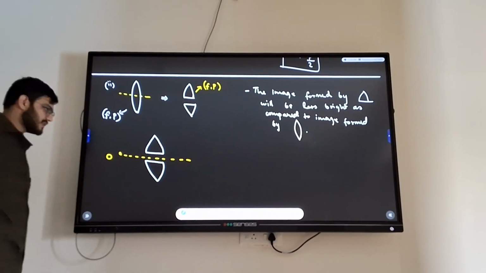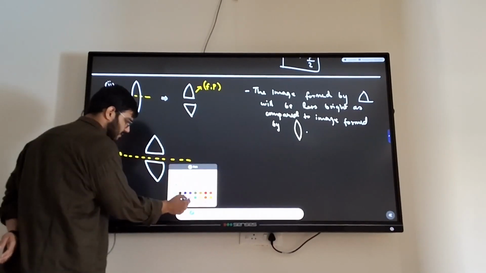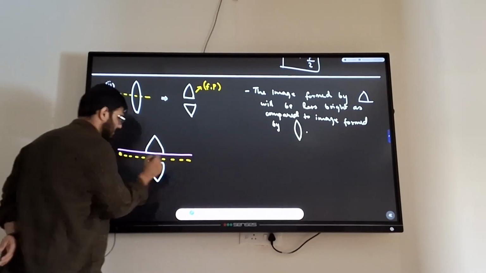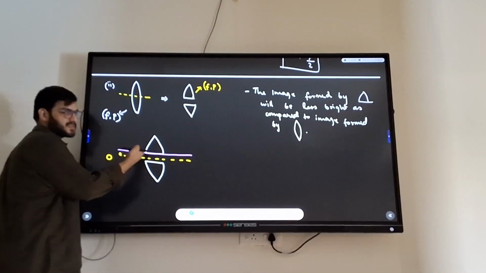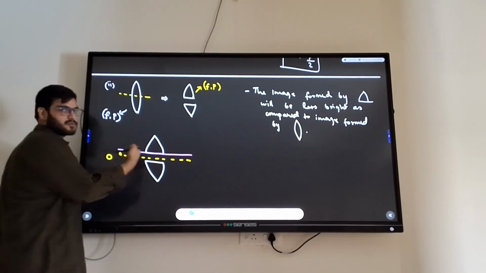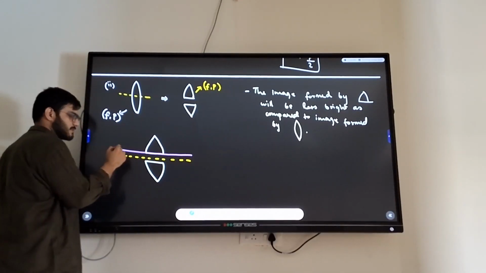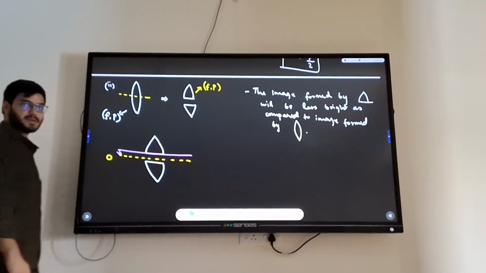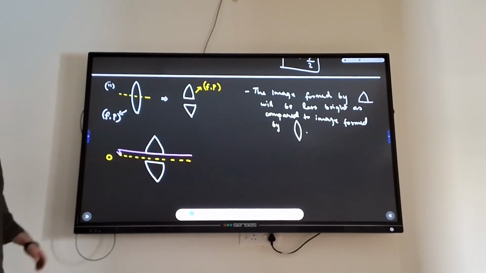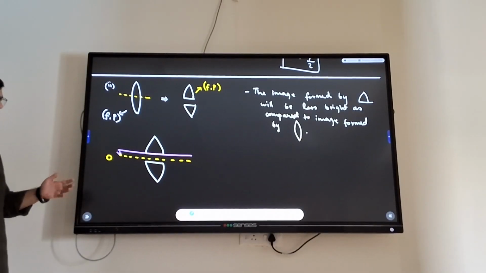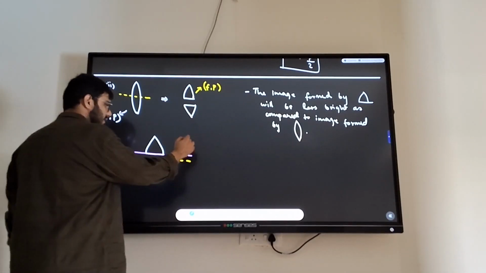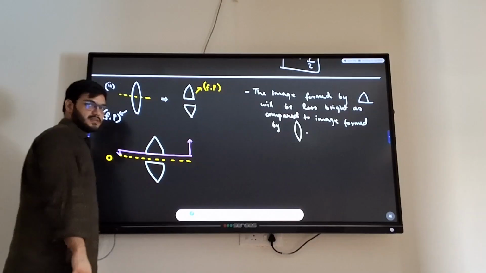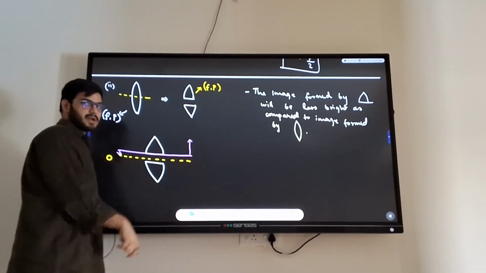So it will be something like this. I will not waste some time. So it will come like this. This is the principal axis of this lens. And with respect to this principal axis, how is the object placed? It's placed inverted. I am not talking in general, but maybe there may be a case in convex lenses where you will have an inverted magnified image.